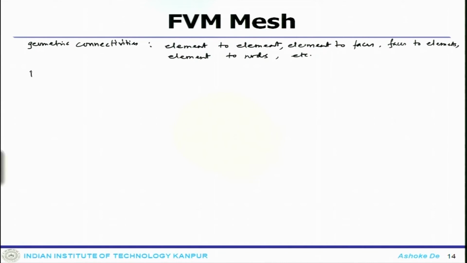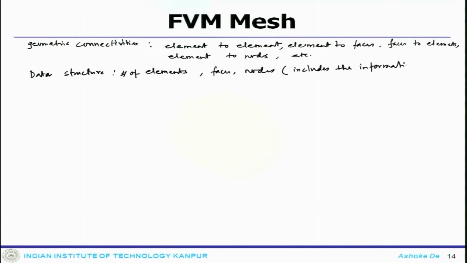So, essentially if you look at the programming point of view, the data structure needs to be defined for elements, or rather the number of elements, faces and nodes, and which also includes the information about neighboring elements.